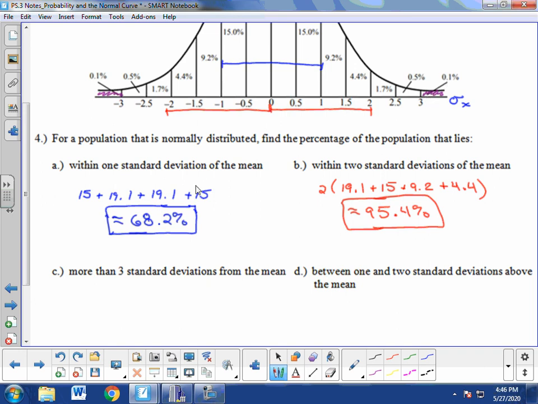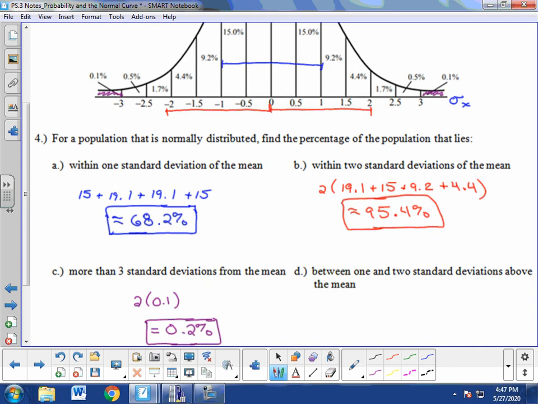And if we look at the percentages, it would be 2 times 0.1%. So this would be 0.2%. With perfectly distributed data, or normally distributed data, very few scores will ever lie outside of 3 standard deviations from the mean.